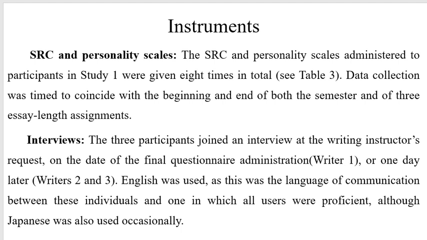The 3 participants joined an interview at the writing instructor's request on the date of the final questionnaire administration, or 1 day later; writer 2 and writer 3 were interviewed 1 day later. In the process of the interview, English was used, as this was the language of communication between these individuals and one in which all were proficient, although Japanese was also used occasionally.